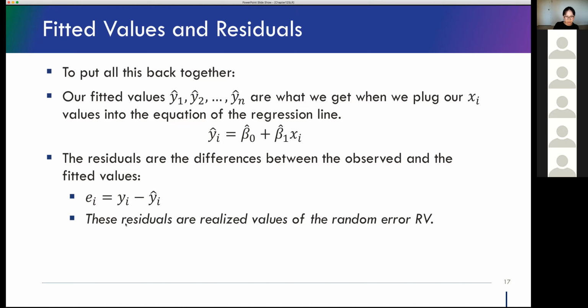These residuals are the realized values from our estimation, so they are the realizations of the random error epsilon. We said that epsilon follows a normal distribution with mean 0 and variance sigma squared.